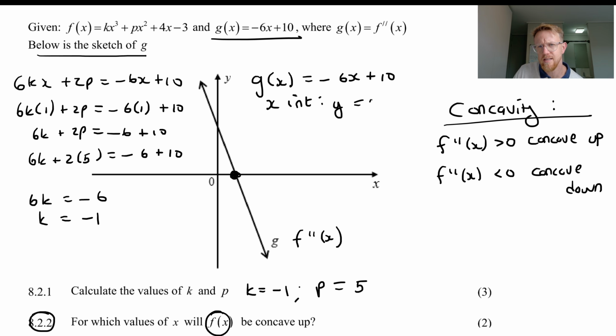So we make y 0, and you would end up with 0 equals minus 6x plus 10. If you take the 6x to the left and divide both sides by 6, it should simplify to 5 over 3.